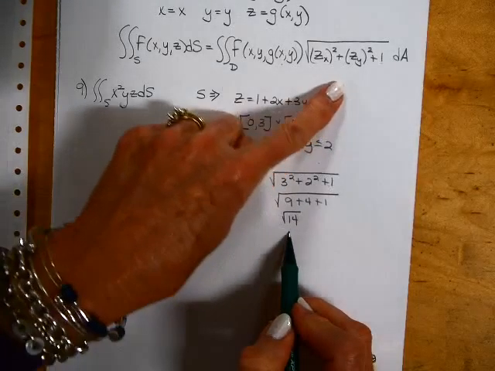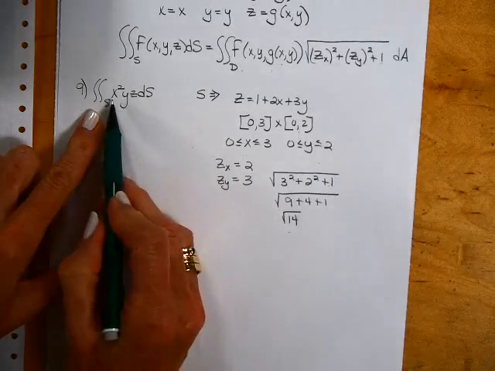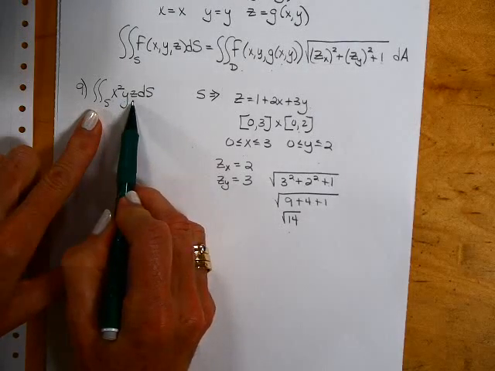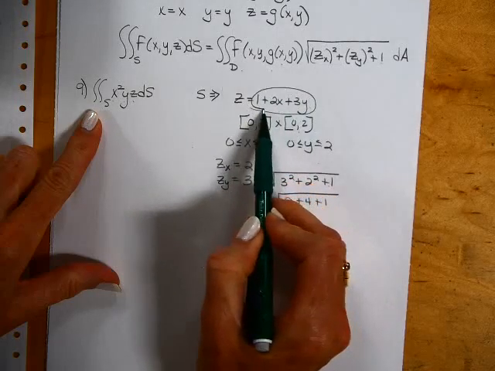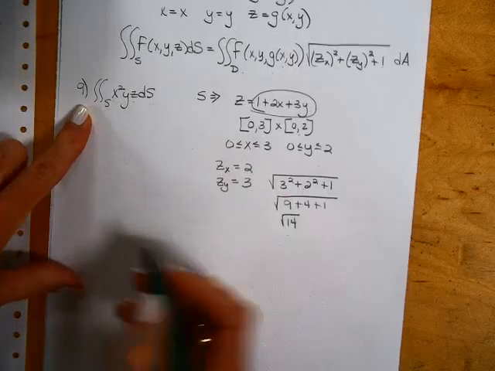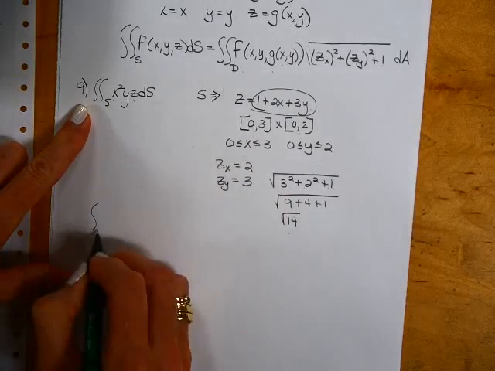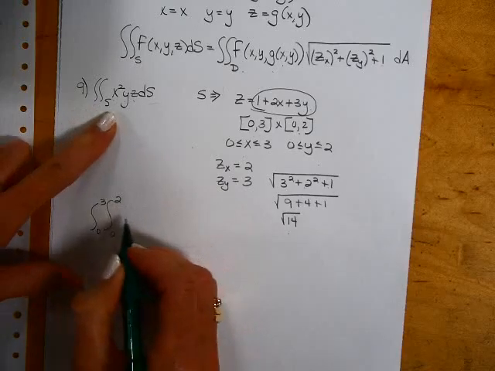And we know that this is the second part of this formula right here. So now we just need to make sure we have x, y, and we need to replace that z with that right there, because you've got to have all x's. You can only have 2 variables when you're all said and done, because you only have 2 integrals. So you're integrating, let's do 0 to 3 on the outside, 0 to 2 on the inside.